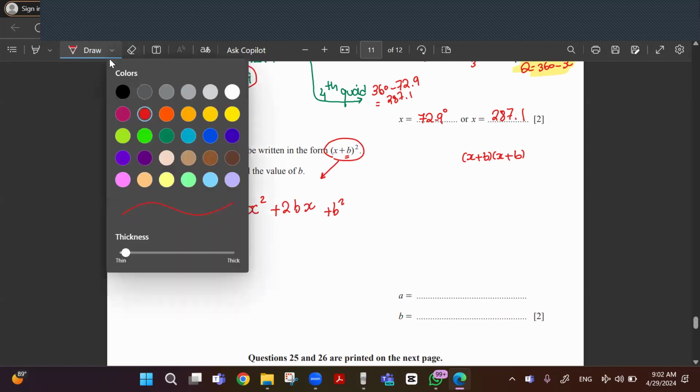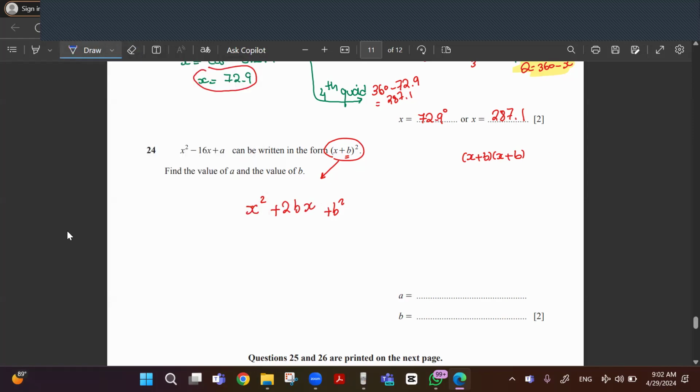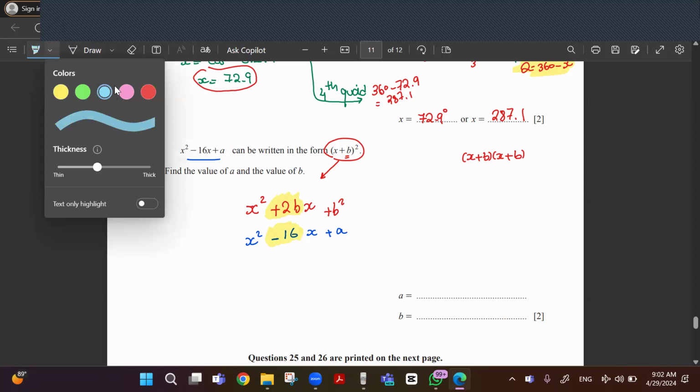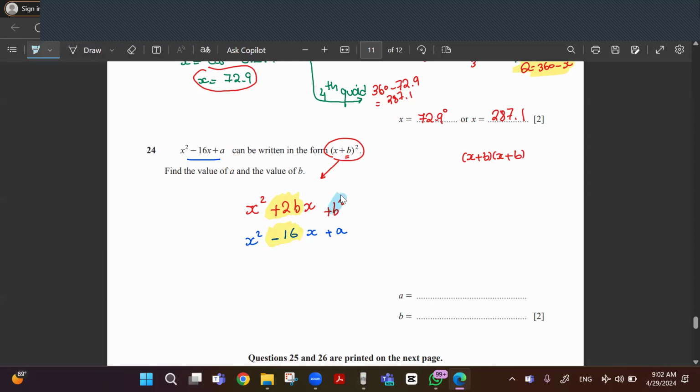Now I am going to write the given equation under it: x squared minus 16x plus a. What do you think from here? I feel that 2b equals negative 16, and also that b squared equals a.